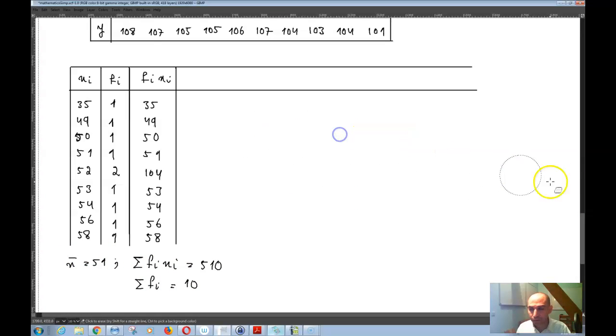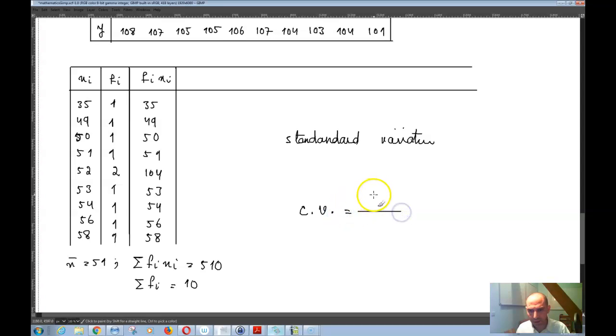Now, what I need to calculate is standard deviation, because I'm looking for the coefficient of variation, and that is the same thing as standard deviation divided by x bar times 100. So I need my standard deviation.